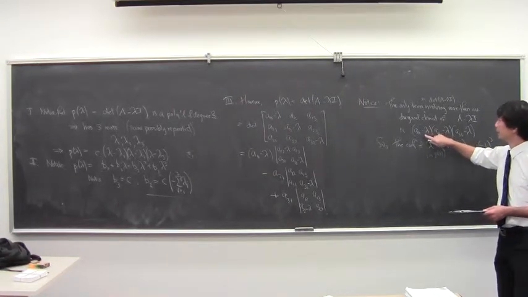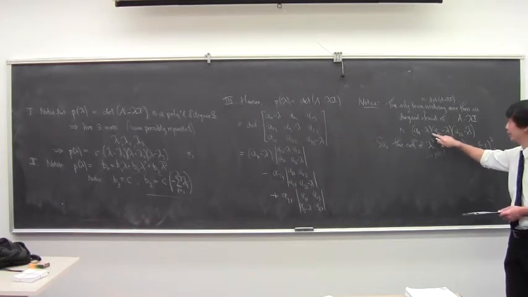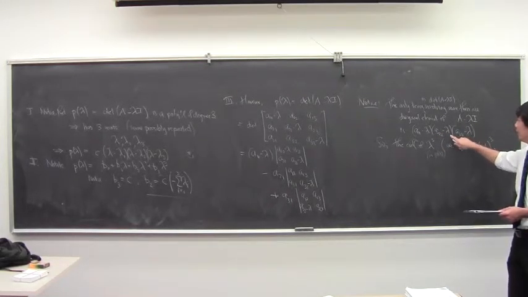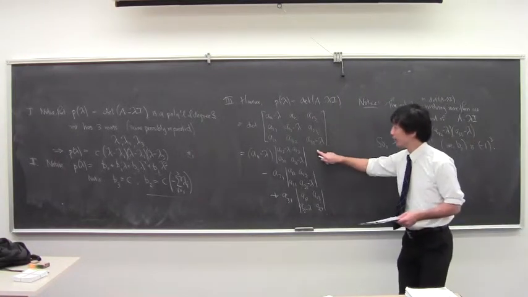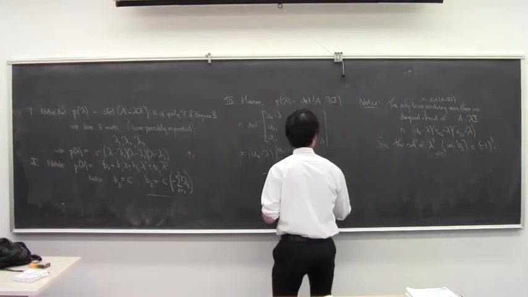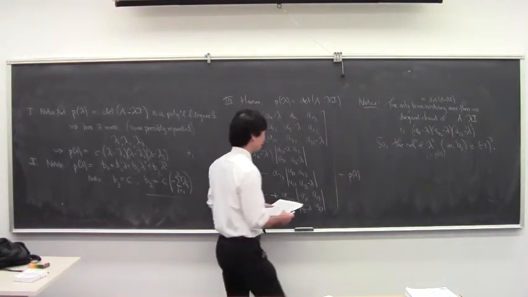This is the only thing in the characteristic polynomial that has a power of lambda greater than 1 in it. Go back here. This thing here is the characteristic polynomial. What is it?